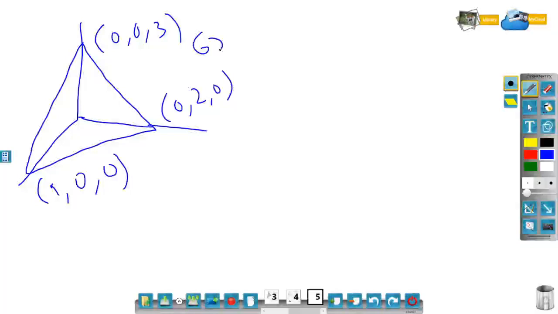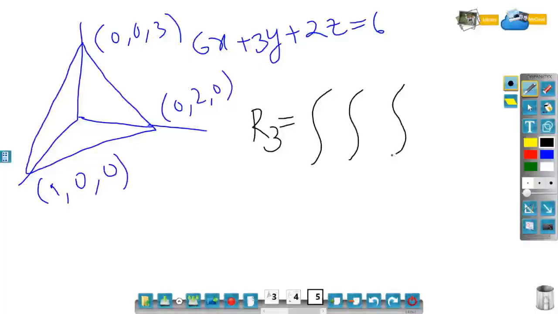The equation is 6x plus 3y plus 2z is equal to 6. Now if I want to find out R3, this is y, this is x, this is z.